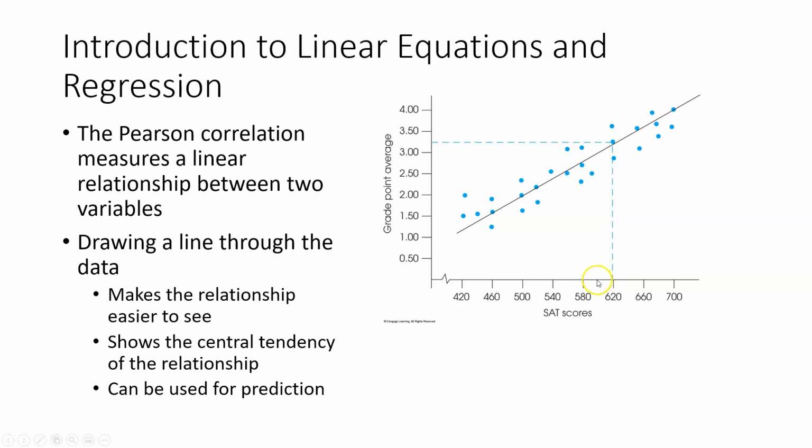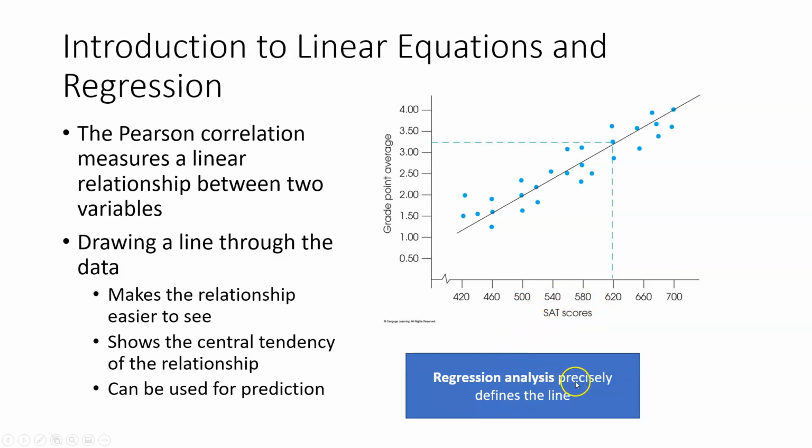We don't have a dot to estimate what a person would get in their GPA if they got exactly 600 on the SAT. But if we draw a line through the center of the relationship, then we're able to say we predict that somebody would get a GPA of about 2.75 if they got an SAT of about 600. So that allows us to make a prediction about one variable based on a value of another variable.